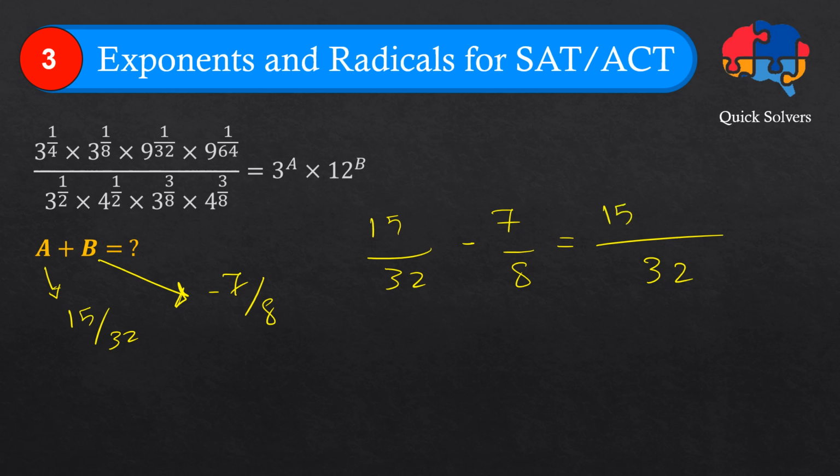We have 15 here, and here we multiplied 8 by 4 to get 32. We need to multiply 7 by 4 as well. So it is minus 28, and this equals minus 13 over 32. And this is the final answer. So this is actually a plus b. And you are done.